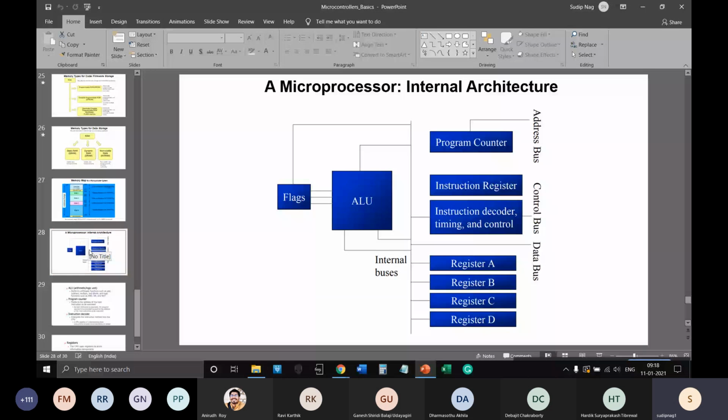Registers are typically a type of SRAM. You can say registers are the same as SRAM, but stored inside the boundary of the microprocessor. So it's like it is staying within the microprocessor apartment. So it's a type of little RAM.